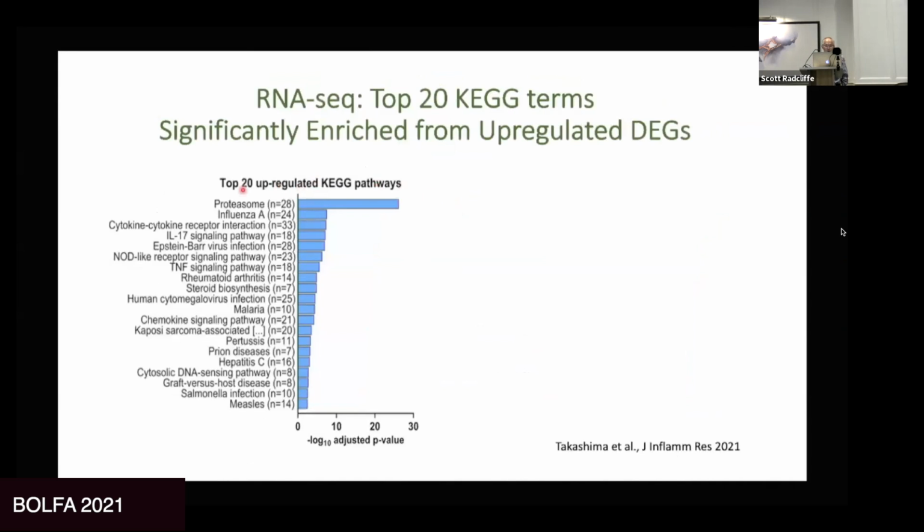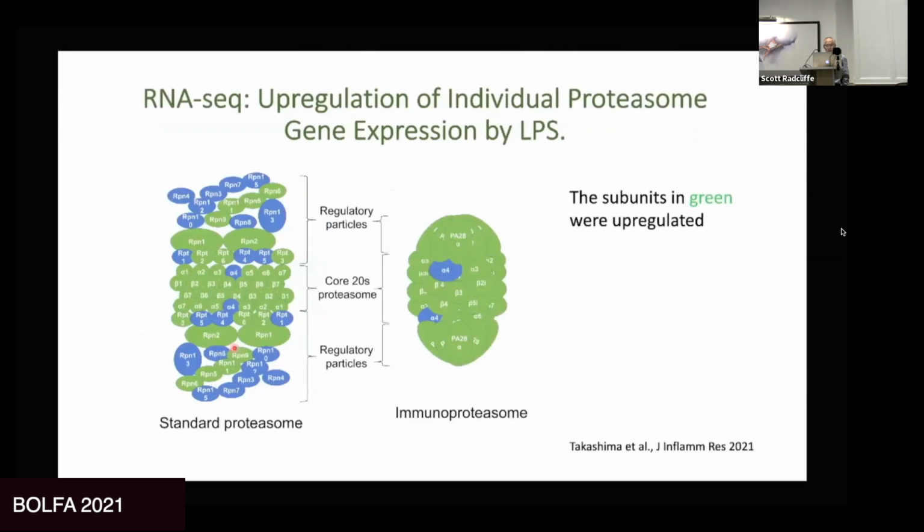And we also did a KEGG pathway analysis. The top again is proteasome, followed by a lot of cytokine signaling. Okay. So that's the KEGG pathway. And this one showed the proteasome. There are two proteasomes. One is the standard proteasome, another one is the immunoproteasome.